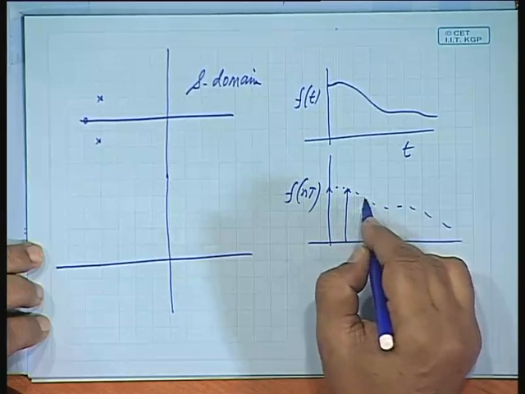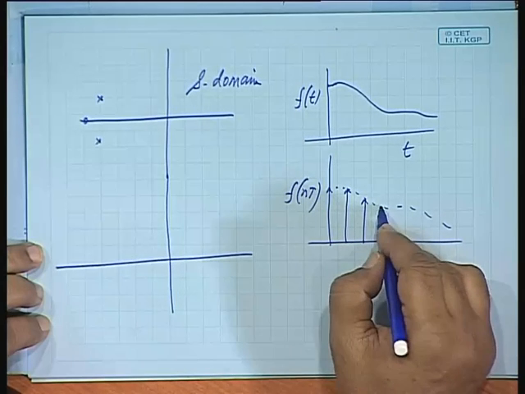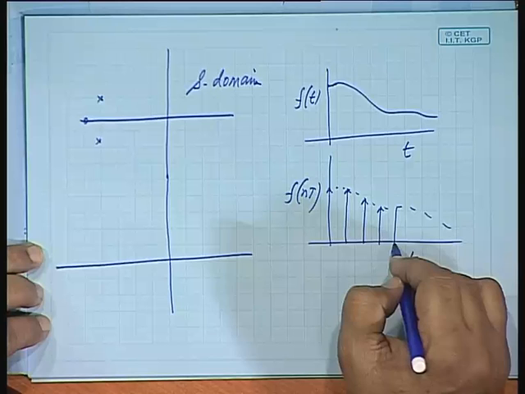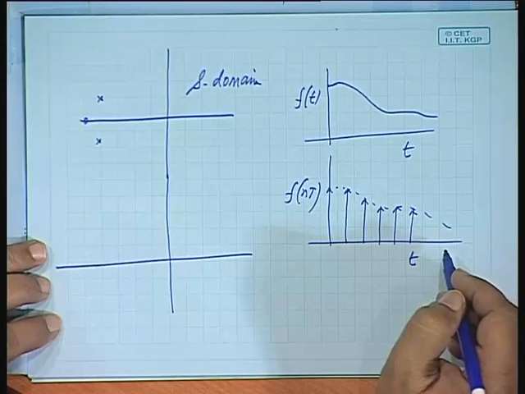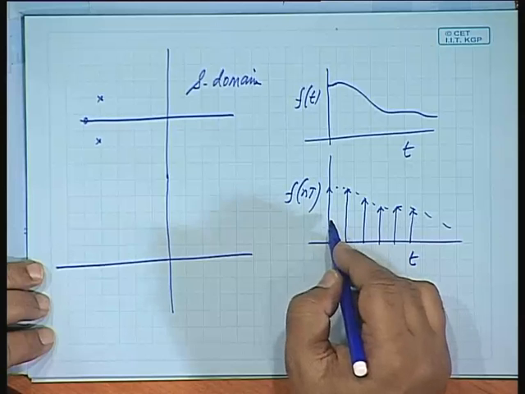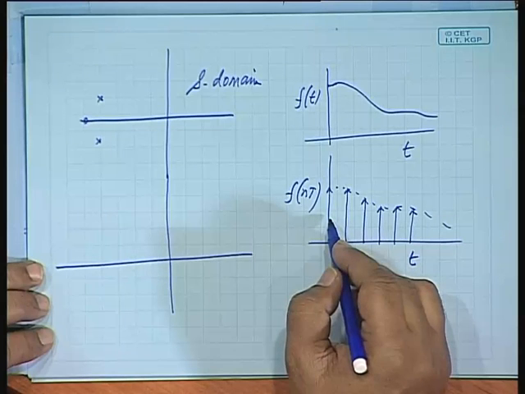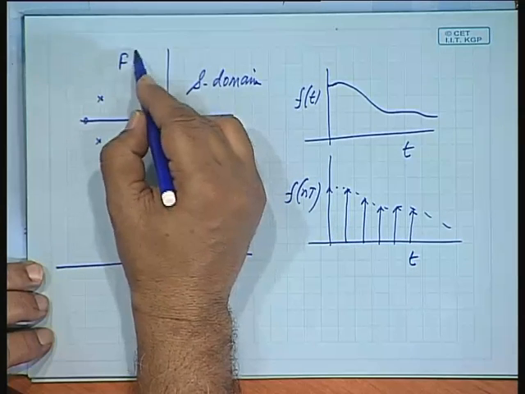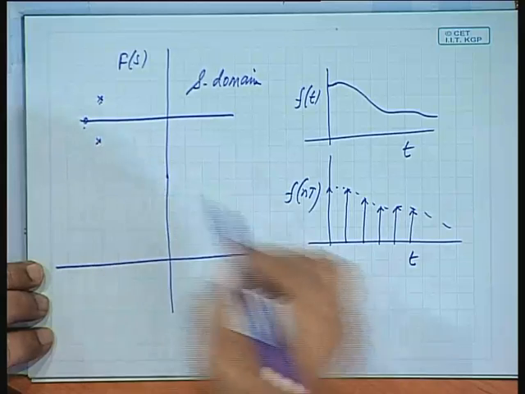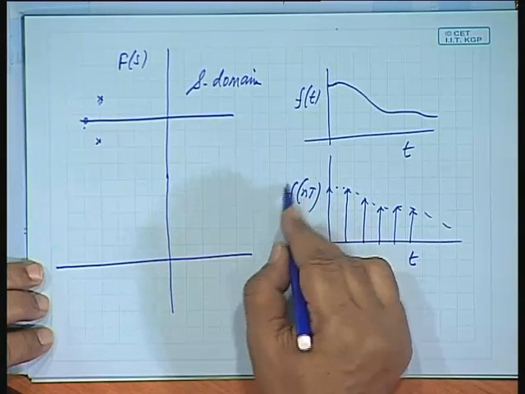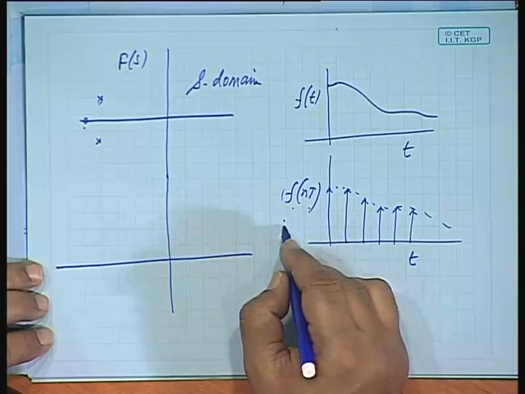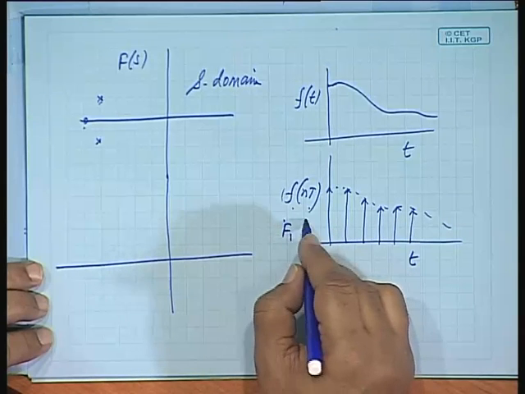You are taking these values. Suppose F(s) has roots like this, then corresponding to the discrete version, I call this some F1(s).